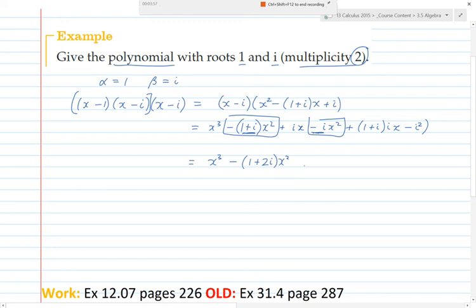Okay, and then we're going to get our x terms together, which are these two here. So we're going to have i x plus, and I'm just going to expand these brackets, i plus i squared x, and then the i squared I'm going to simplify to plus 1.